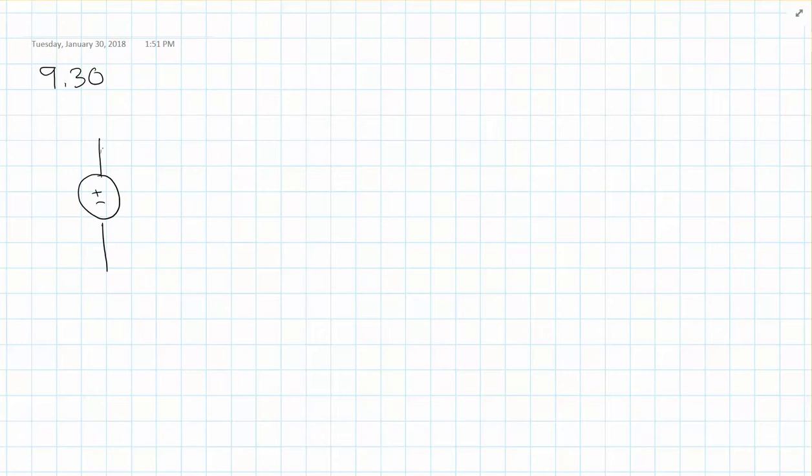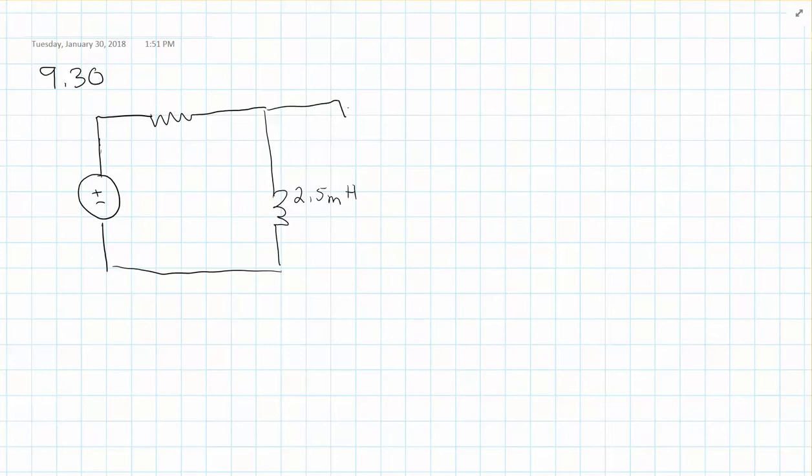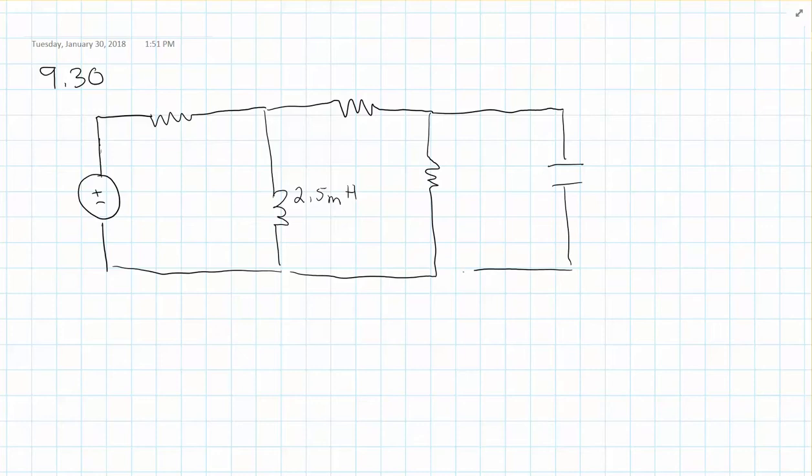Plus minus, resistor, inductor. This is 2.5 millihenries. .5 microfarads here.